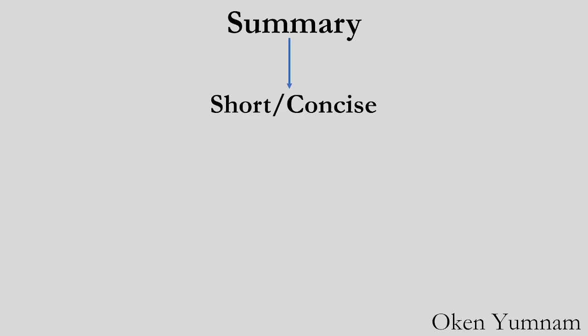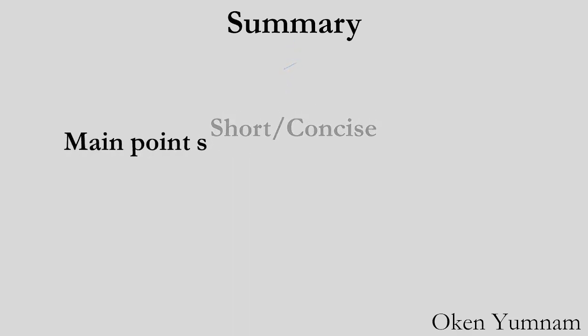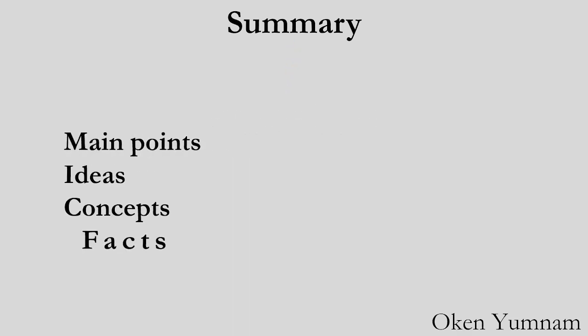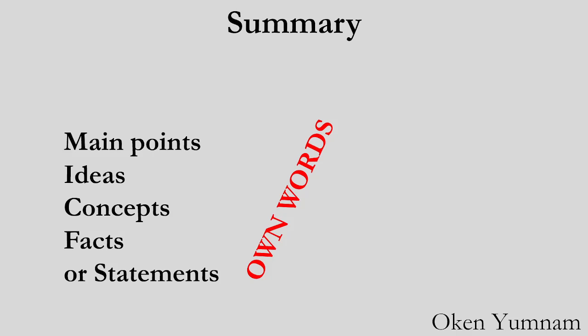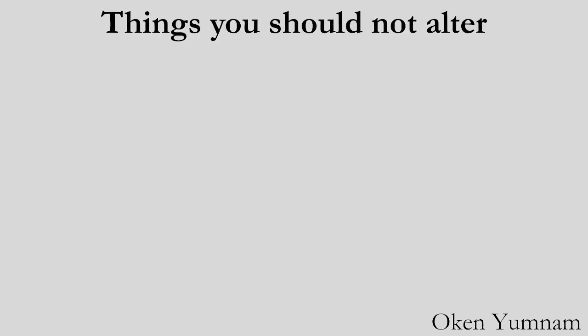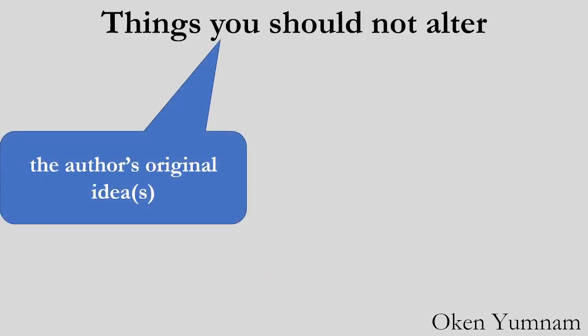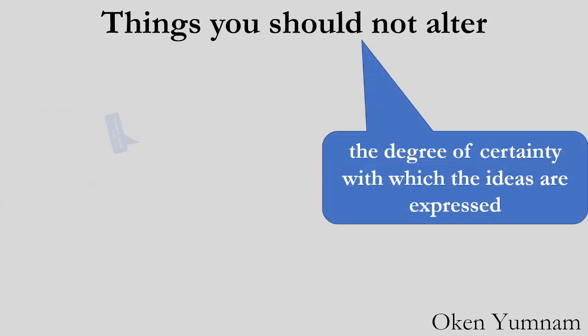The summary should be short or concise, and it should have main points, ideas, concepts, facts, or statements, all in our own words. Things you should not alter in writing a summary: the author's original ideas, as well as the degree of certainty with which the ideas are expressed.